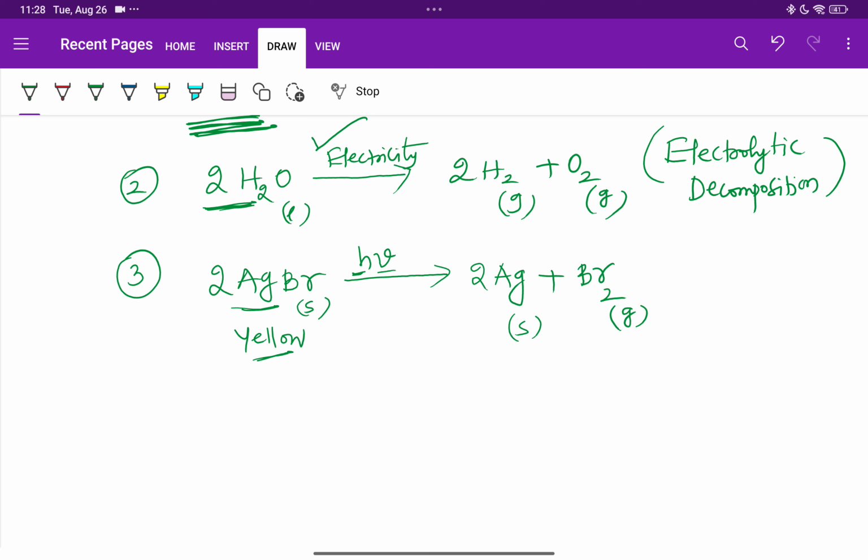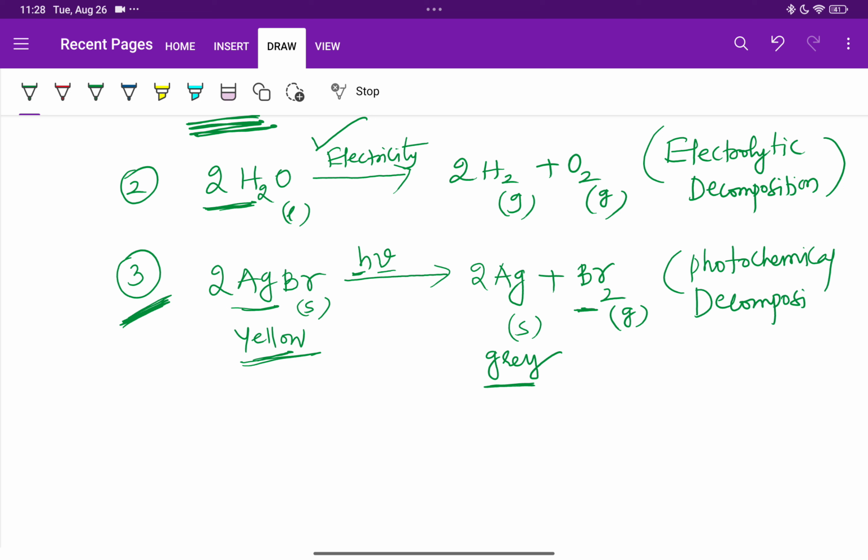Here bromine is a gas and the silver is gray in color. Yellow silver bromide is converted into gray silver and bromine gas is released. This reaction is happening with the help of sunlight. Then this type of reaction is called photochemical decomposition reactions.